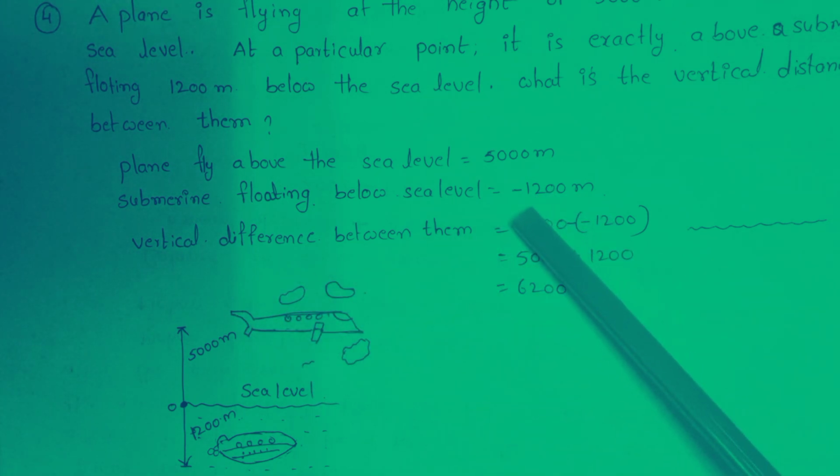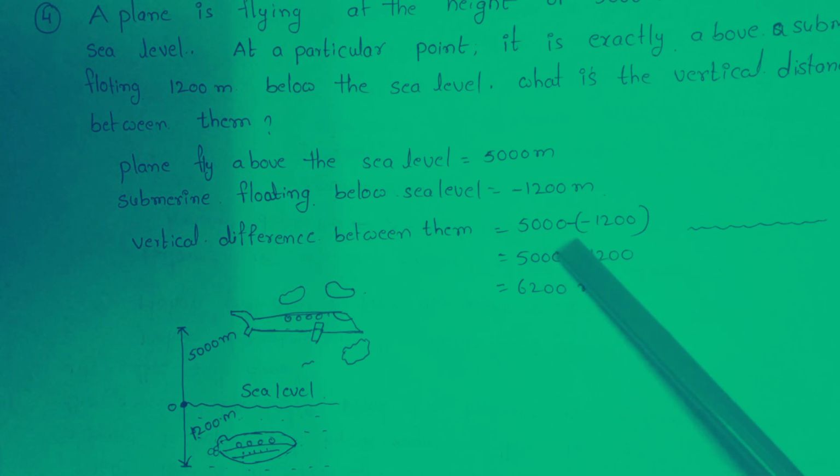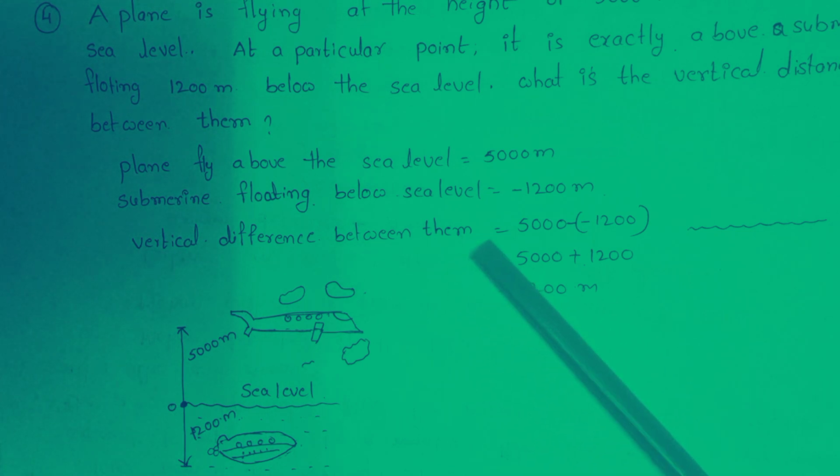Vertical difference here minus below sea level, so give the minus symbol. Vertical difference between them 5000. Now we subtract this minus, here minus 1200. So 5000 minus into minus plus, 5000 plus 1200, 6200. Okay, thank you very much.